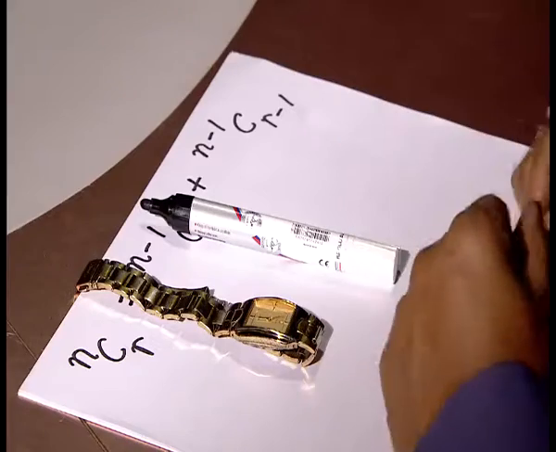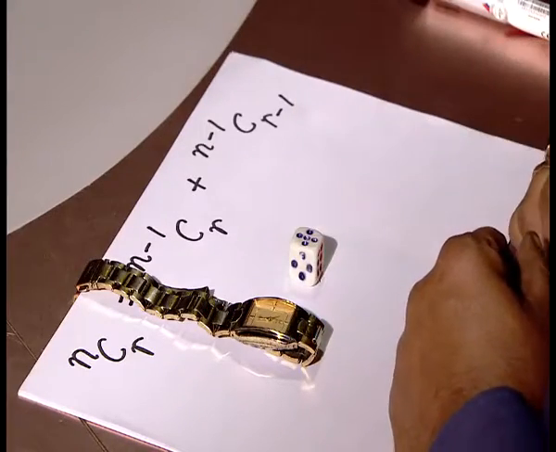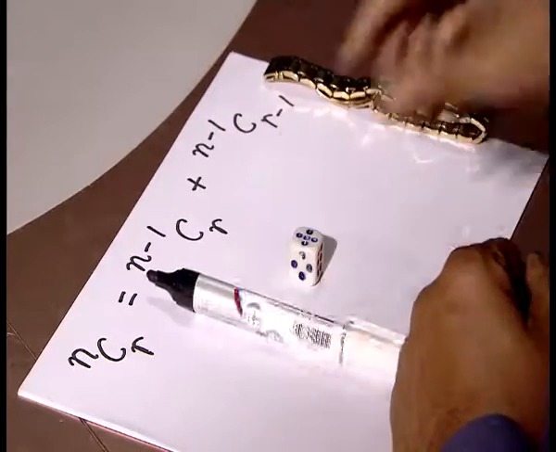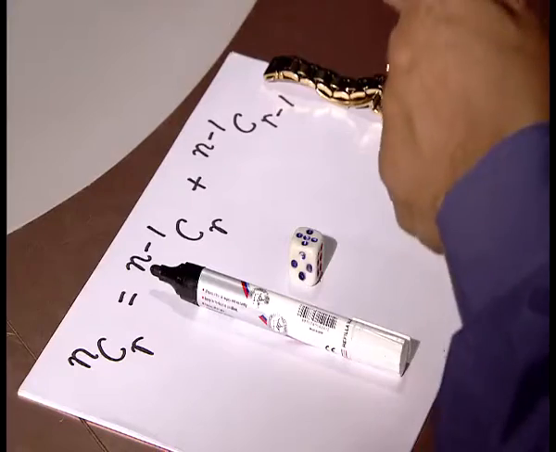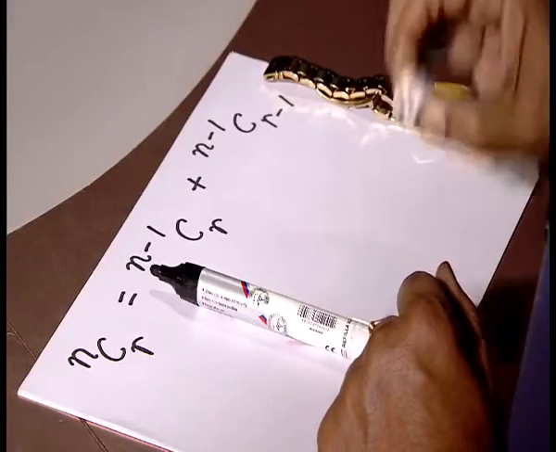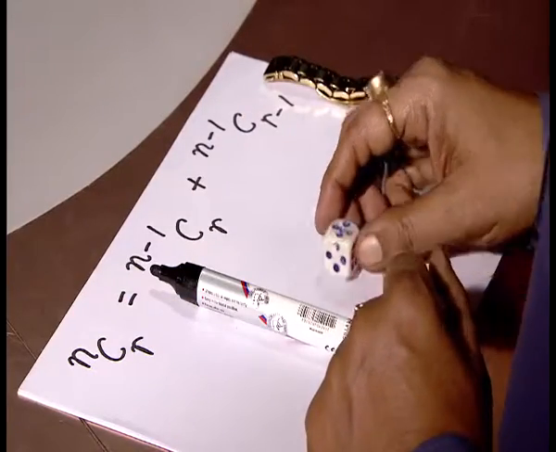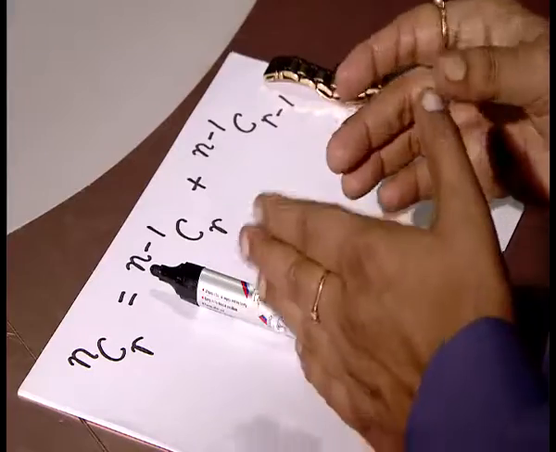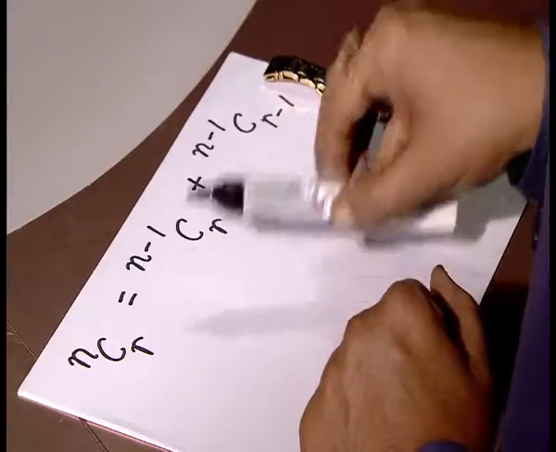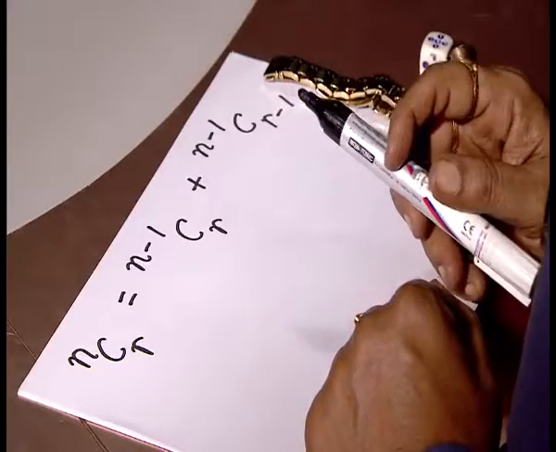There can be two other combinations, that is the watch and the die and the pen and the die. So, in the latter two combinations, the die was always there, and in the first combination it was not there. And if you take an aggregate of that, you get the total number of combinations. So, remember, one thing is always there and one thing is never there.